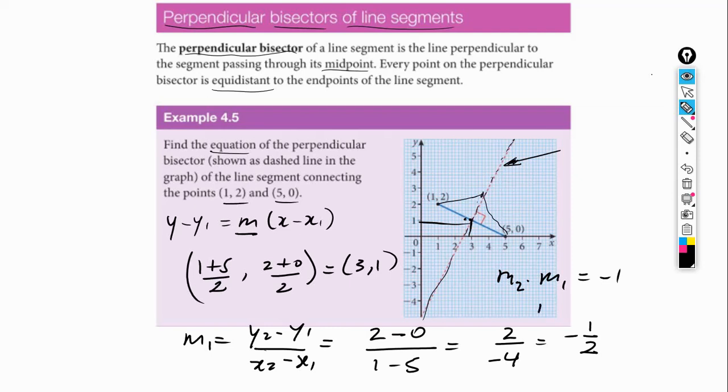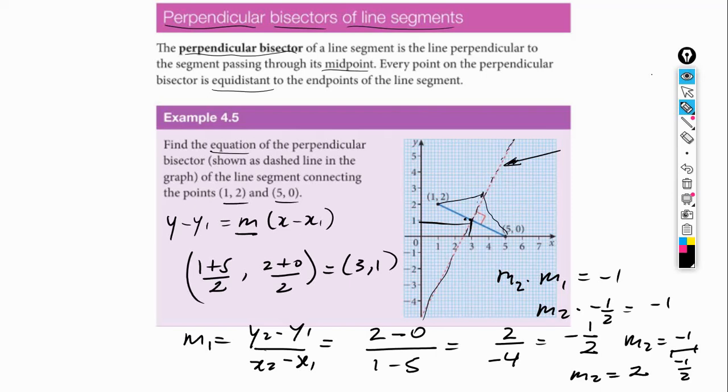So that means that m2 times -1/2 should equal -1. So then m2 is going to equal -1 divided by -1/2. And this is going to give us that m2 is equal to 2. So we have everything we need.